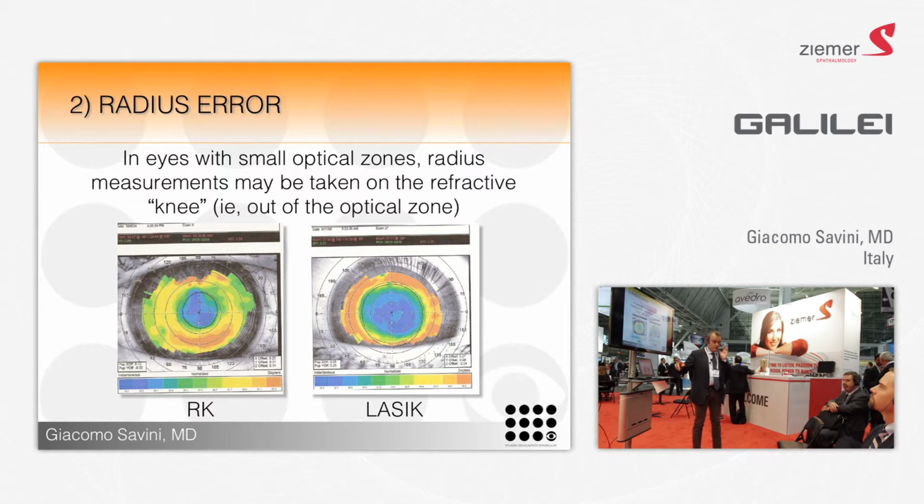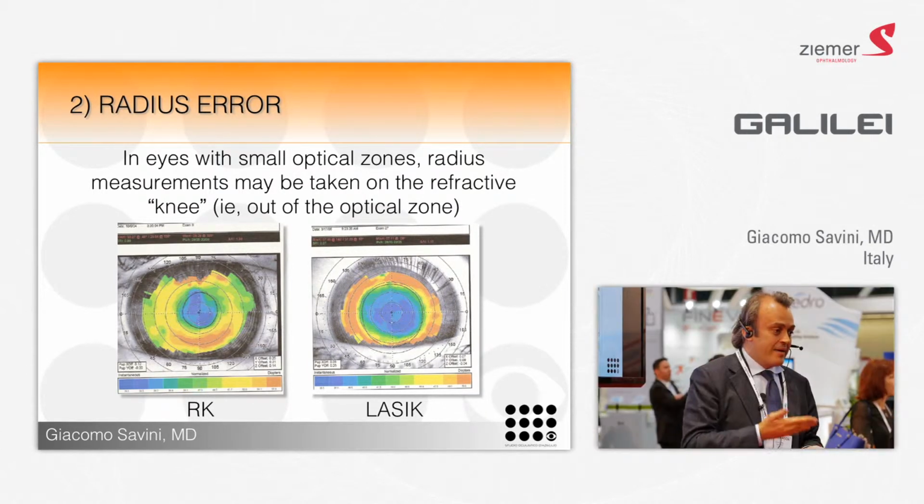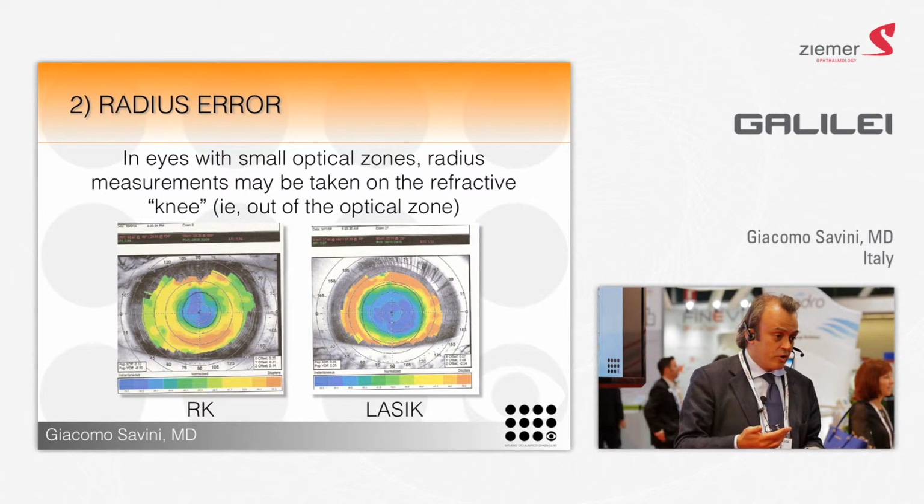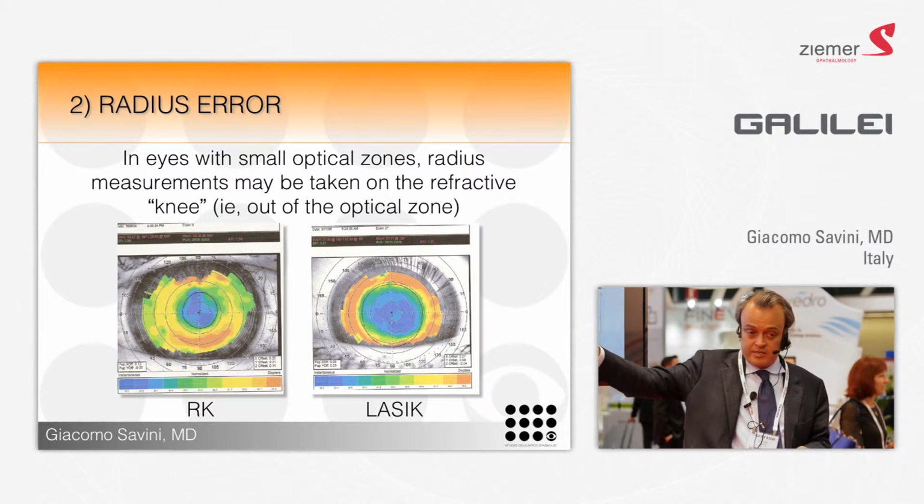If you have a small optical zone, as can occur frequently after radial keratotomy, but also with the first PRK of the early 90s, you can have the measurement, especially if you use a SimK, which is an annulus, over the refractive knee. So you don't measure the power in the center, but in the mid-periphery, and you get a higher value, a steeper cornea with respect to the center.